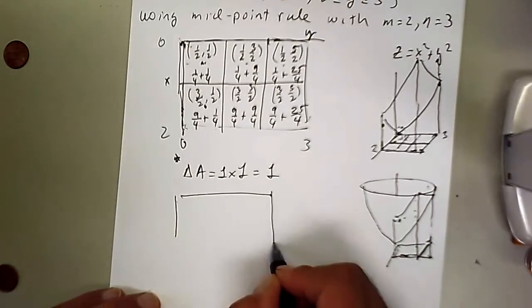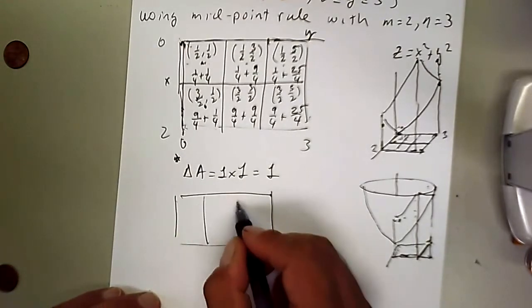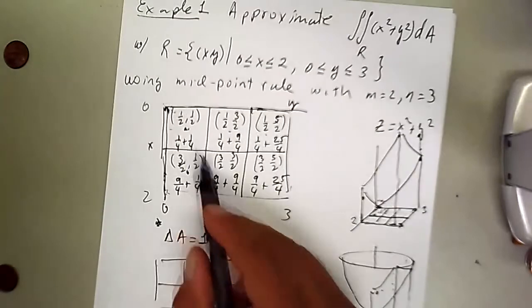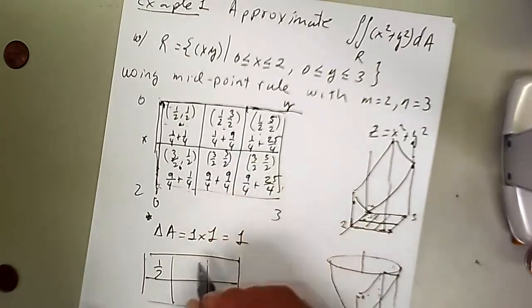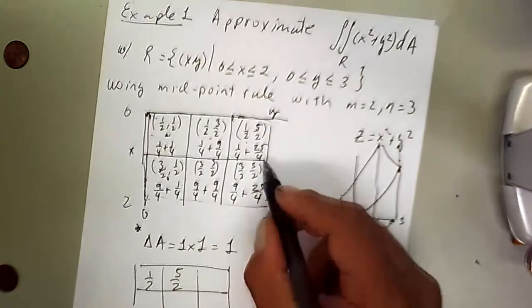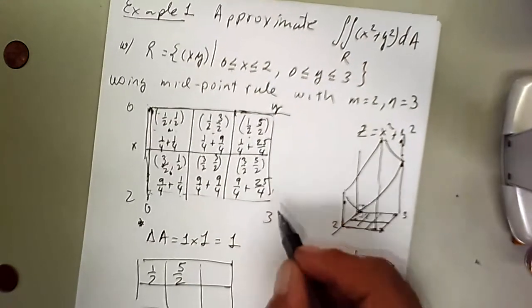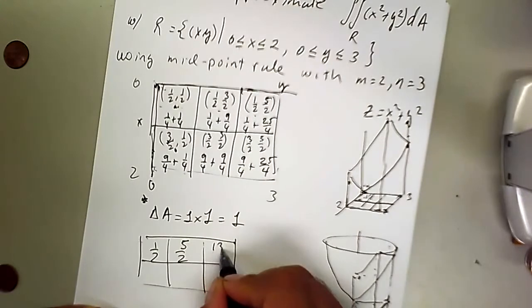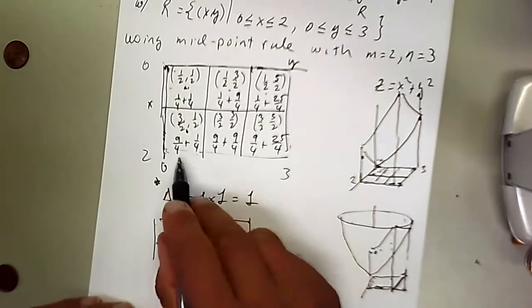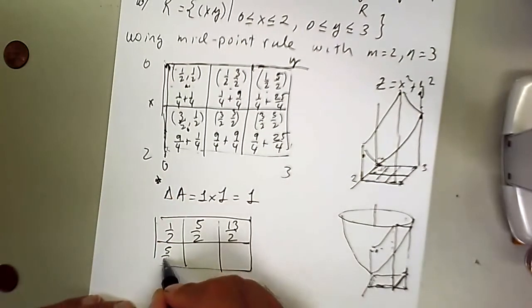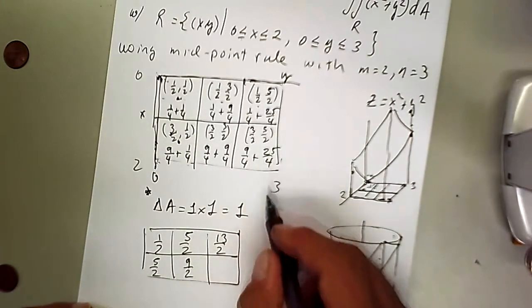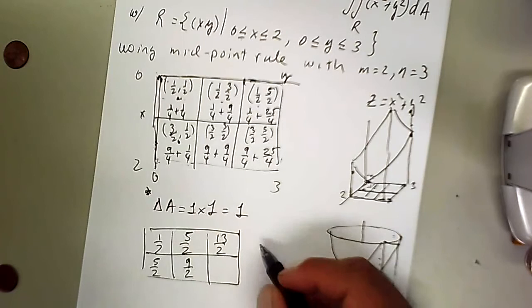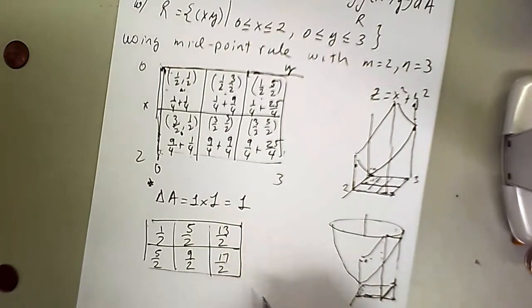So this is a table of the outputs. The output here is going to be 1/2. Then 5 halves, then 26 divided by 2 is 13 halves, then 5 halves, 9 halves, and 34 divided by 2 is 17 halves.